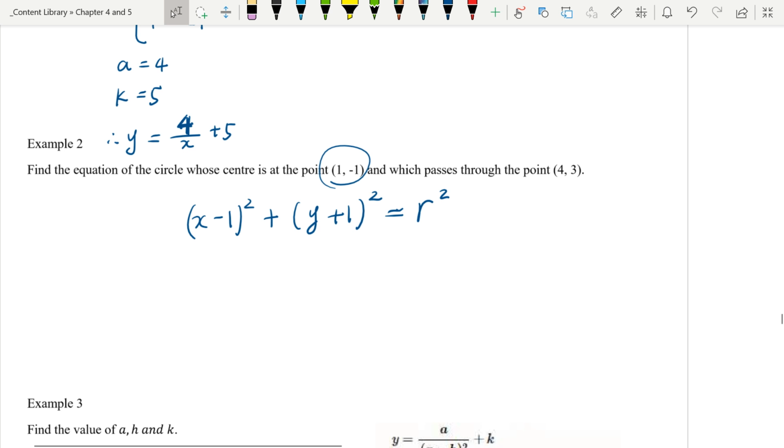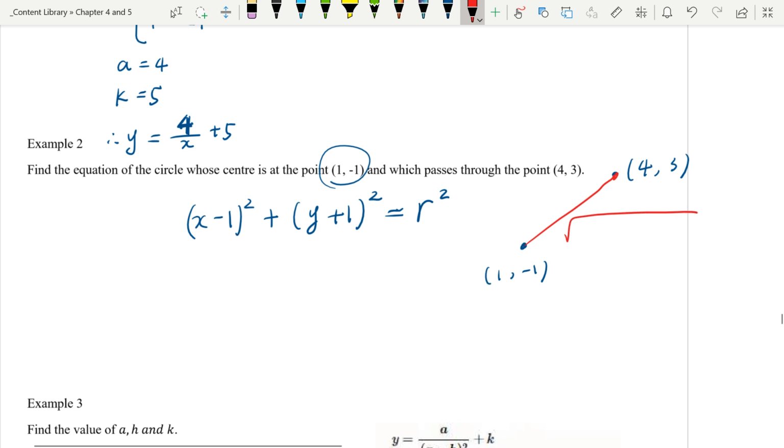So what I'm actually trying to find: the center is here, this is my center, and this is a point on the graph. So what's the radius? The distance. Good, not difference, it's the distance.